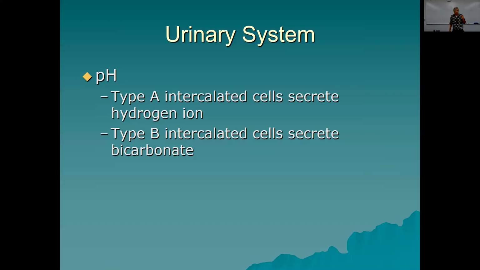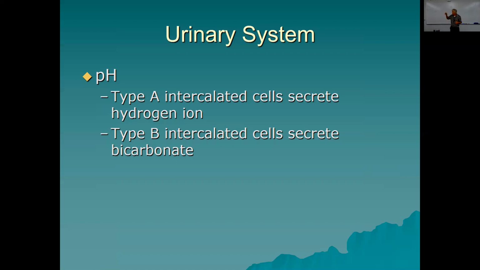And how do they know whether the tubular fluid is more acidic or basic? I think it depends on the level of CO2 in the filtrate. So a lot of CO2 is going to come in, and you're going to break up into bicarbonate ion and hydrogen ion and get rid of the excess hydrogen ion.